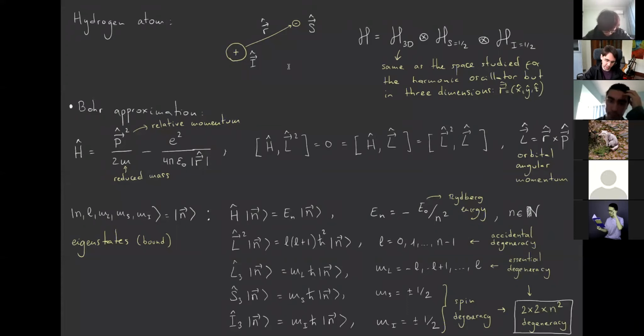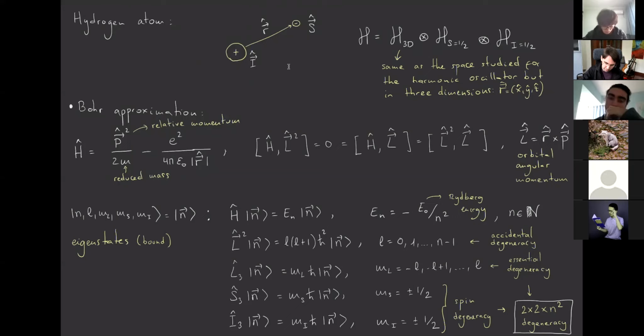In this case, it's very simple to find 5 operators that commute and whose eigenvalues and eigenvectors we know very well. In particular, what we discussed is that the orbital angular momentum, R cross P, commutes with the Hamiltonian.